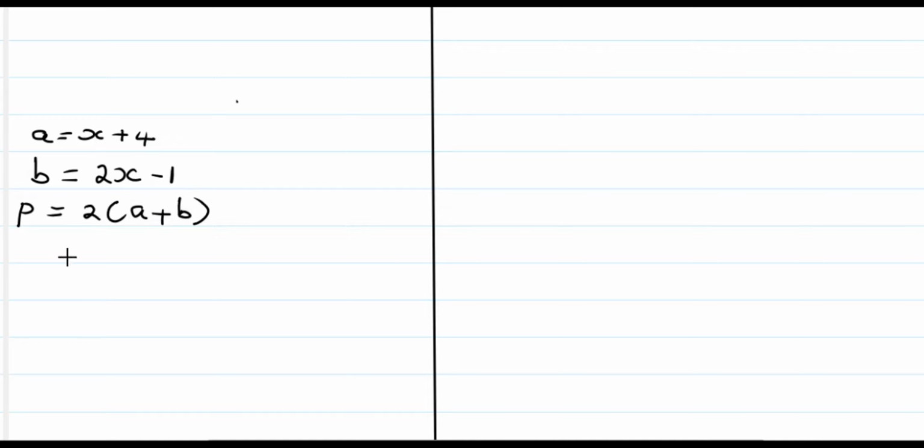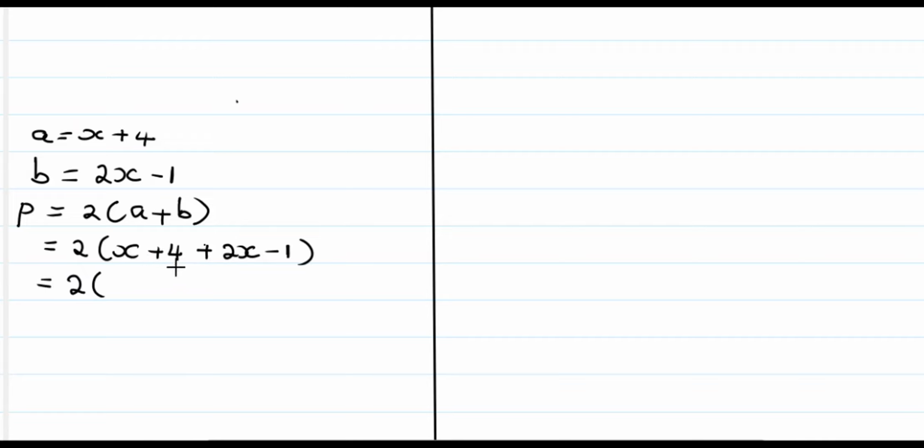So, from this one, you can just say this twice into, I already know A is x plus 4, then plus B, and B is 2x minus 1, like this. So from there I can say this twice into x plus 4.